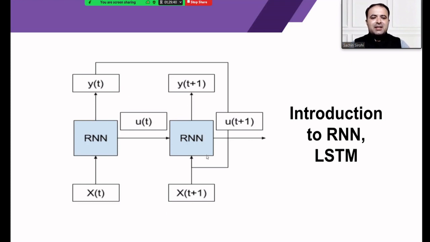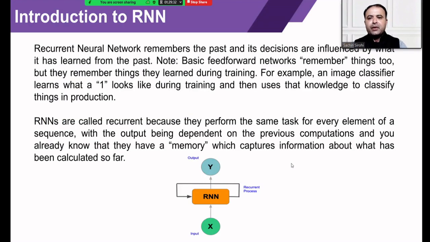Then what are RNN and LSTM? So I will discuss the introduction to RNN and LSTM. RNN, the recurrent neural network, remembers the past and its decisions are influenced by what it has learned from the past, like supervised learning and unsupervised learning.